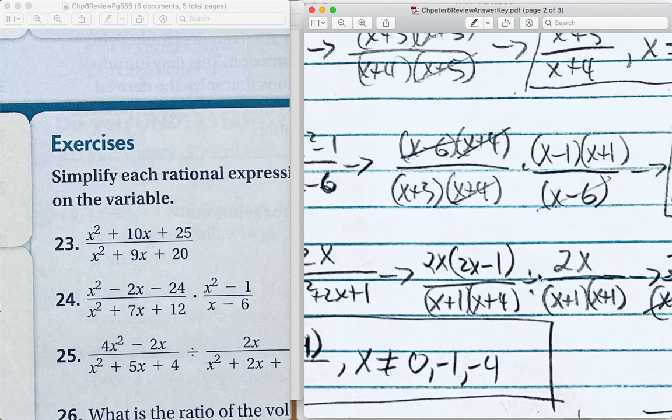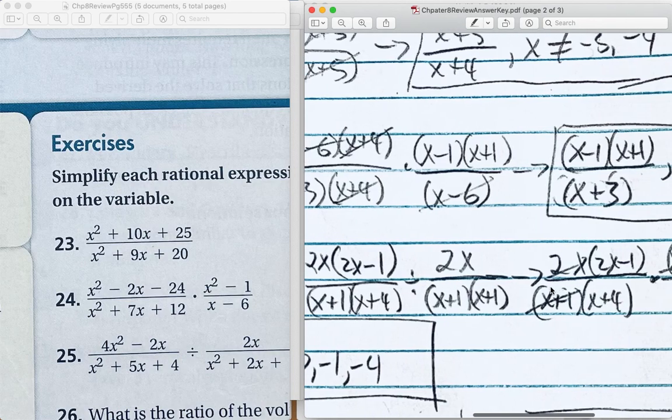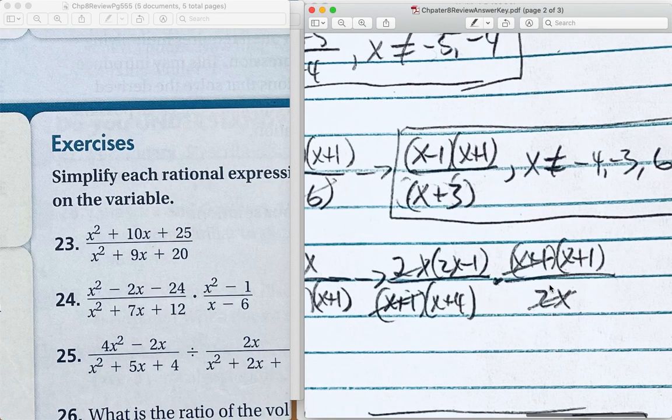If I'm dividing by a fraction, then I'm multiplying by its reciprocal. So I'm going to flip this over, and now the 2x goes in the bottom, and the x plus 1 and the x plus 1 goes up top. At this point, I look and see if there's anything else that x cannot be. In this case, with the 2x, x can also not be 0.